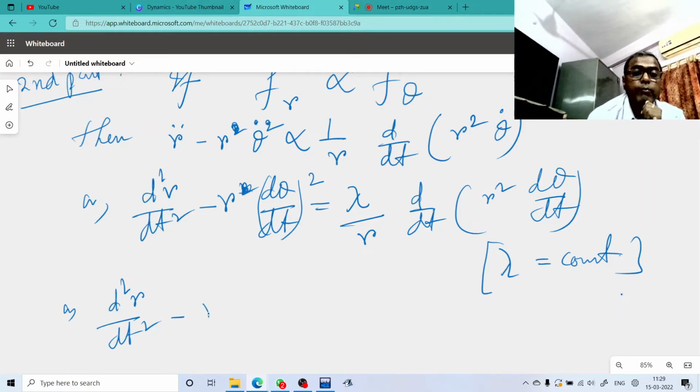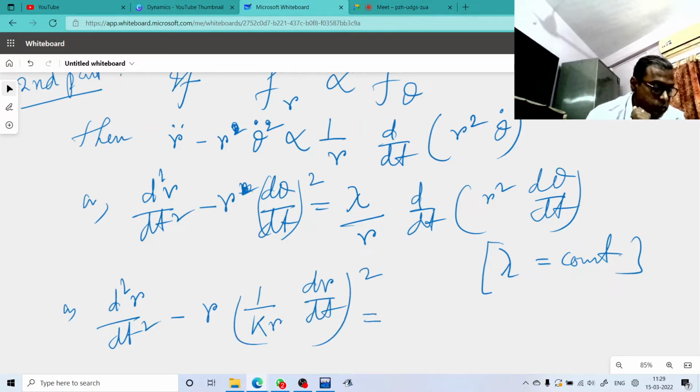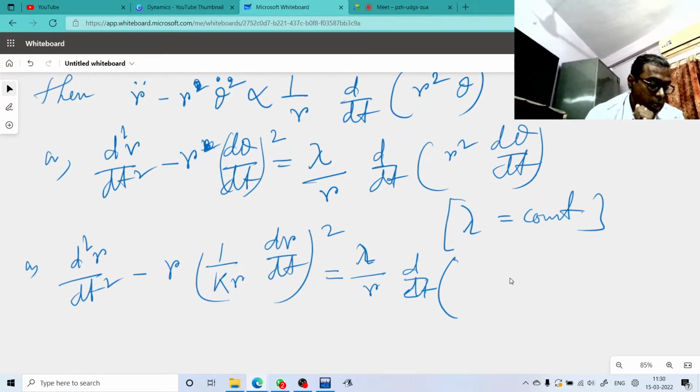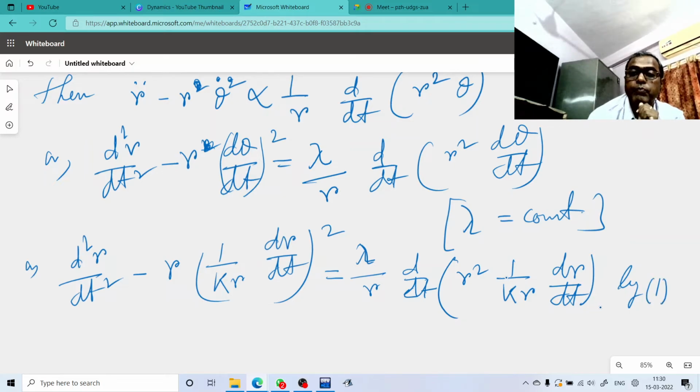So this r into d theta/dt equals 1 by k r into dr/dt whole square equals lambda by r d/dt of r square, and d theta/dt means from equation 1, we put the value of d theta/dt equal to 1 by kr dr/dt.